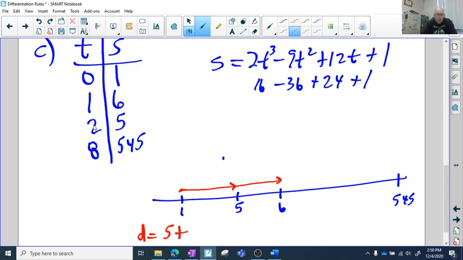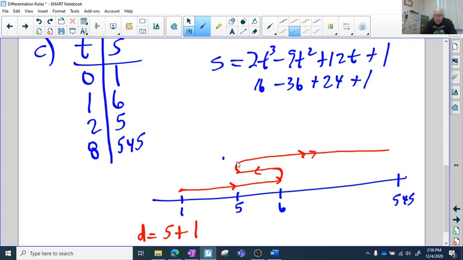Plus, at the 2 second mark, it's at position 5. So it must have turned around and come back this way. It was at 6, ended up at 5. That's 1 unit. That's the 2 second mark. The 8 second mark, it's now at 545. So it must have stopped here, which is why you had your velocity 0 at that point, and then it went the other way again.